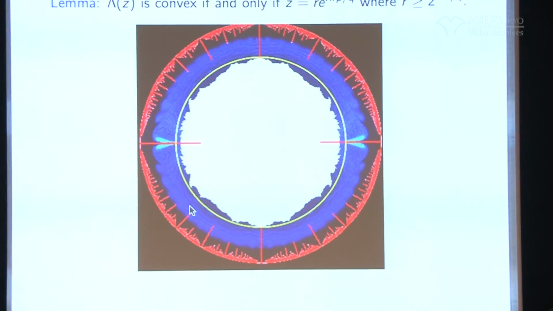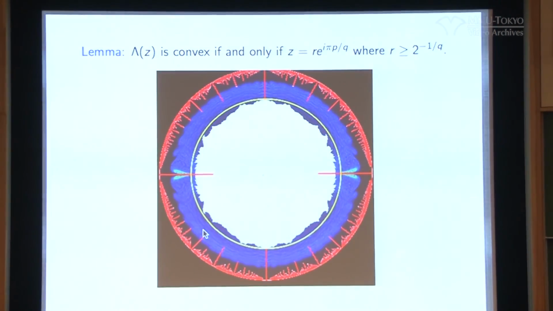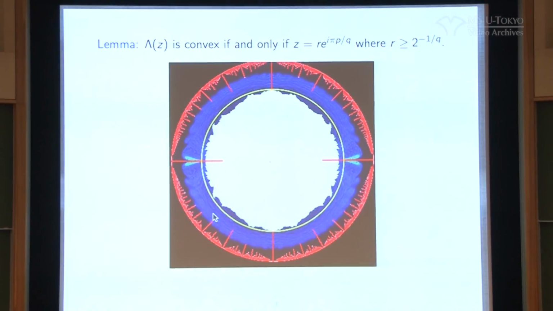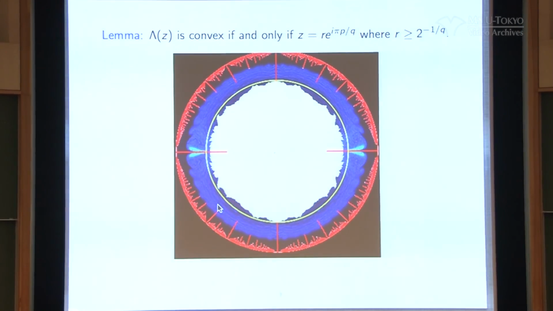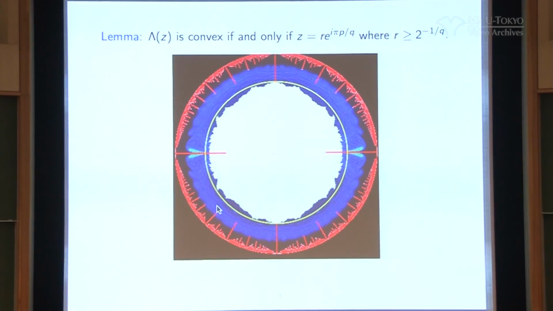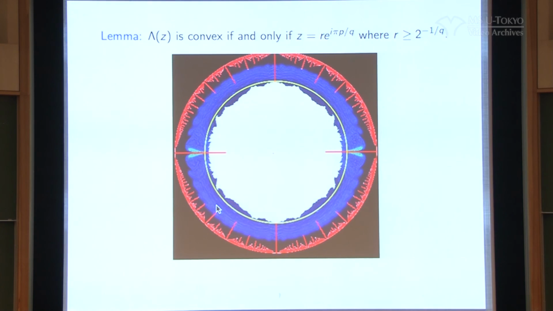So here's another lemma that you need to prove in order to make use of this observation. The sets we want to be transverse to find traps are copies of lambda, so they'd better be non-convex. So you might want to know, what are the values of z for which this limit set is convex? And it turns out you can completely answer that question.